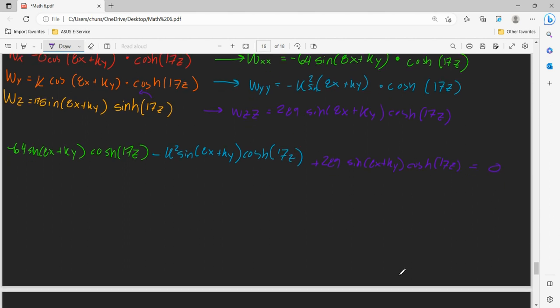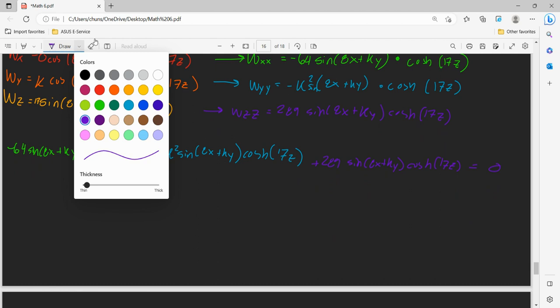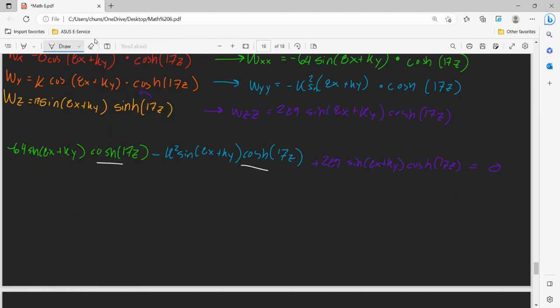So let's simplify this. Let's factor out some parts. So each of these has a cosh 17z term. So let's take that out. Each term also has its sine 8x plus ky.